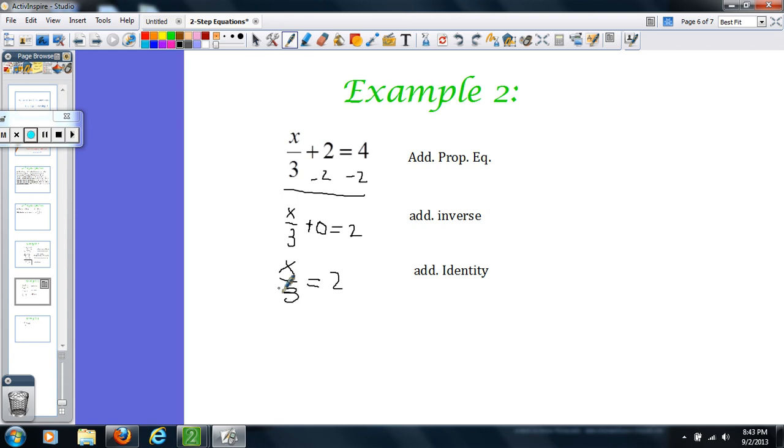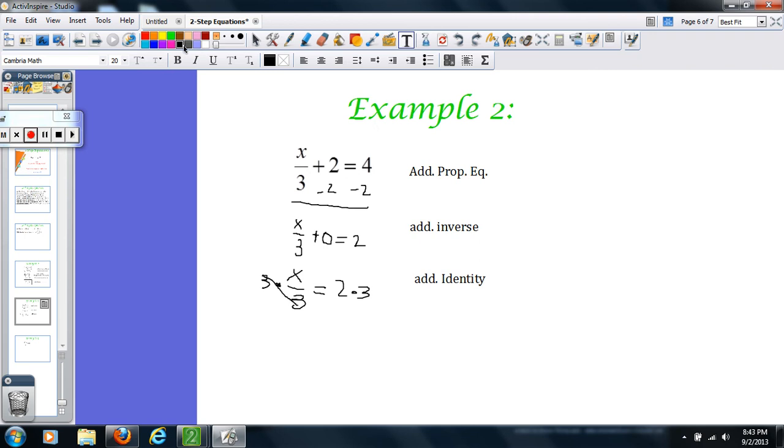And then from here we have to do the opposite of dividing by 3, so I'm going to multiply both sides by 3. I'm actually going to go ahead and do both properties here.